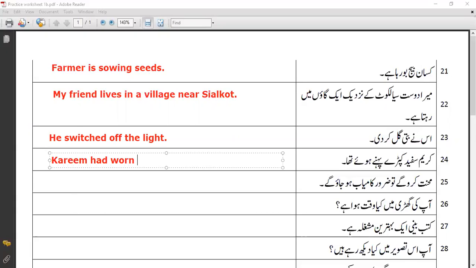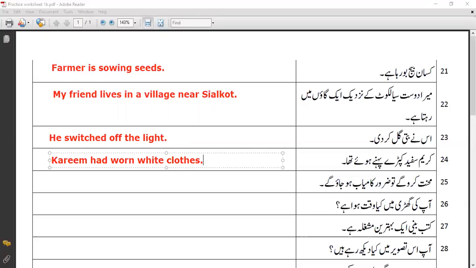If we consider this sentence as past perfect, had worn white clothes, white dress. Okay, had put on white clothes on. But I'm just trying to make sure that it is acceptable in our board exams.